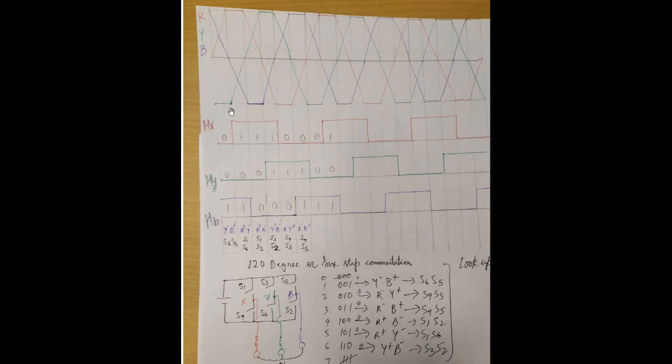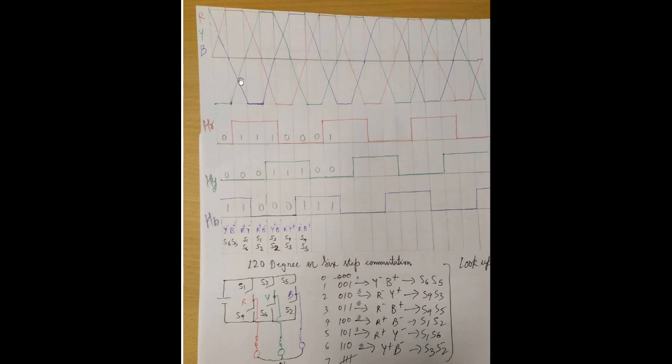To have this Y phase negative, S6 should conduct so that the negative DC link is connected with phase Y winding. The two phases R and B are in transient, they are changing state. So here we are assuming that the B phase top switch is conducting. Let us assume that S5 is conducting.